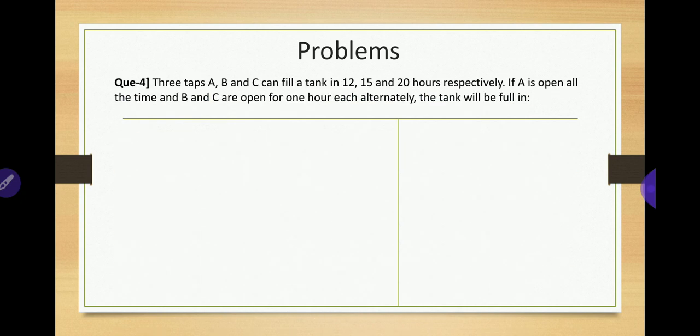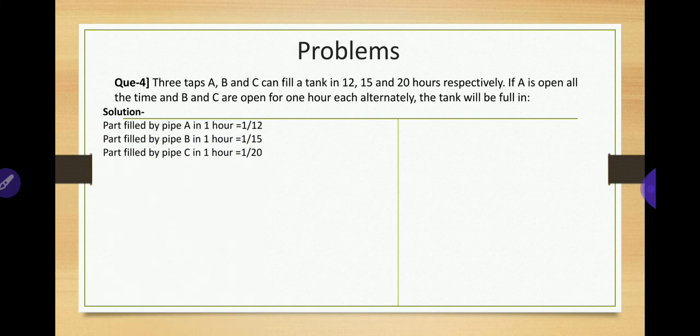Suppose three pipes A, B, C can fill the tank in 12, 15 and 20 hours respectively. If A is open all the time and B and C are open for 1 hour each alternately, then the tank will be filled in. Now here three pipes are given and all three pipes are filling the tank, but pipe A is open at all times and pipes B and C are open for 1 hour alternately.